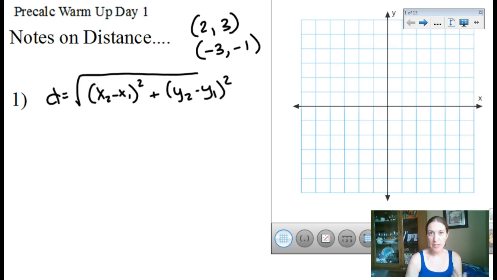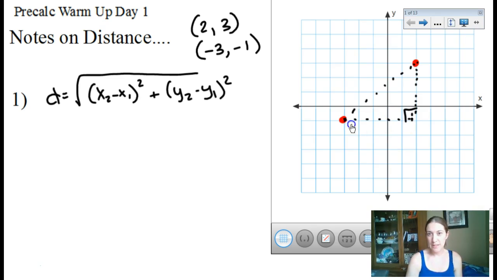So if I plot the point 2, 3, and then -3, -1, and I want to know how far apart these points are, what we could do is we could create a right triangle. Because if you look at this picture set up for a right triangle, the distance is the hypotenuse of that right triangle. So vertical and horizontal distances are very easy for us to either visualize or calculate.